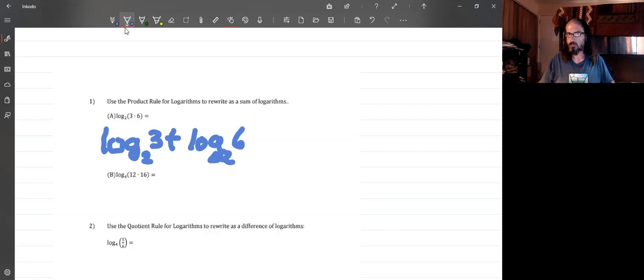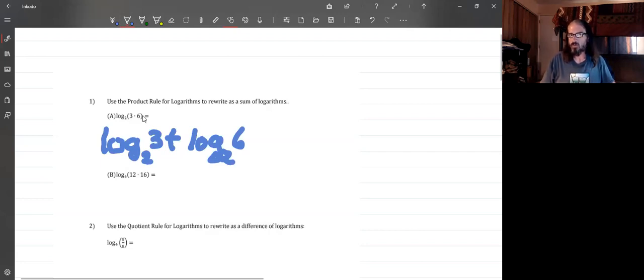But if you would like to feel more confident about your answer, then if you know about the change of base formula, we could see how close this is to the original. 3 times 6 is 18. Remember that the answer to a logarithm is an exponent.